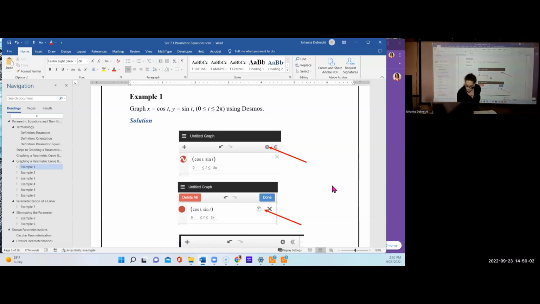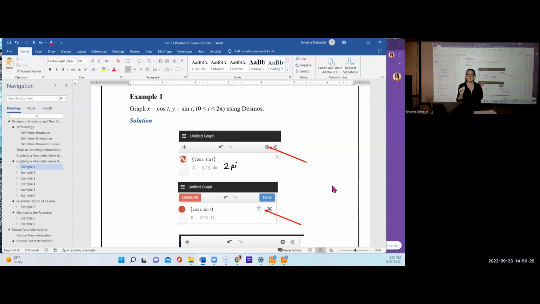Now remember, to get the 2 pi over here, I actually type in 2pi, and that will enter 2 pi on that limit. Okay, now that will produce the parametric equation. When we do this, it will instantly draw the parametric equation. It just produces the simple graph.